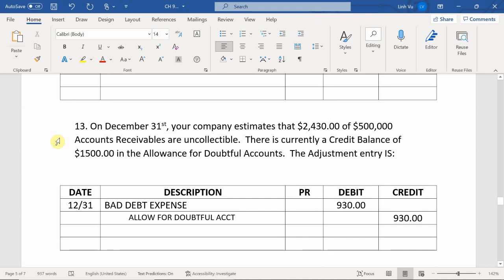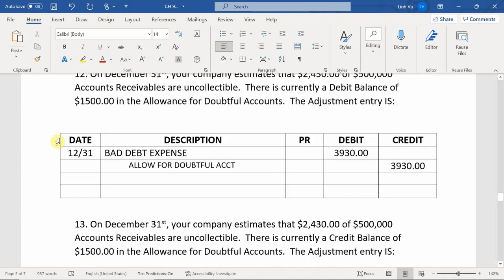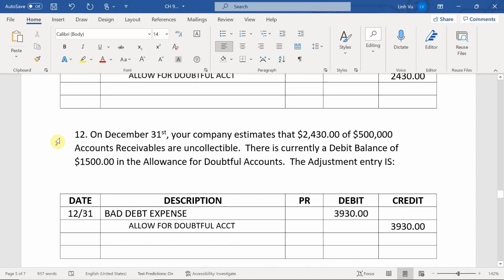Mm-hmm. And 12, yes, also account receivable. Because we add the estimate and debit balance.